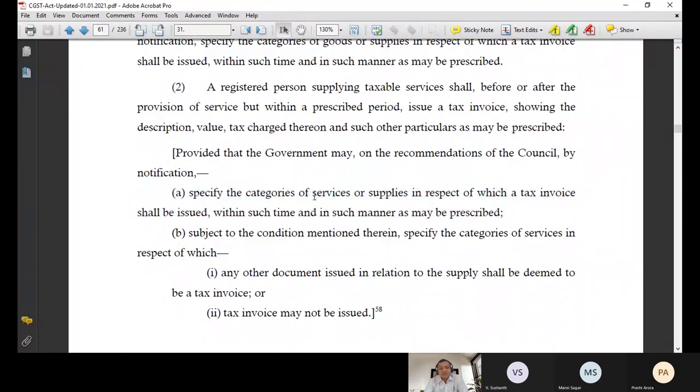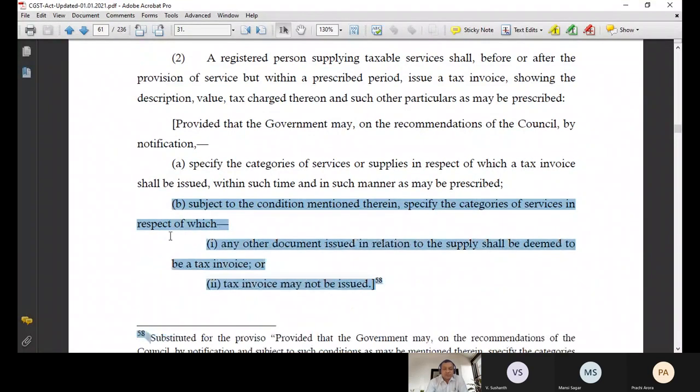The government can name some services, or if not by name, some supplies where we have some conditions, and any service can fit that condition. In those cases, the government will tell the exact time by which you must issue the invoice. Now this is extra, which was missing in case of goods. It is there only in case of services.